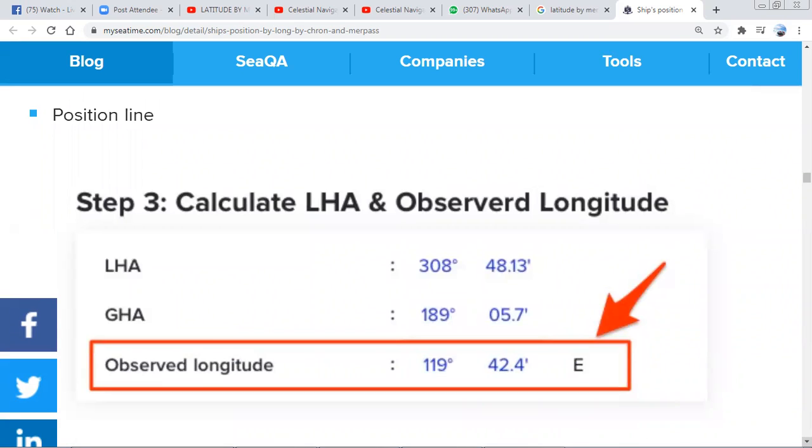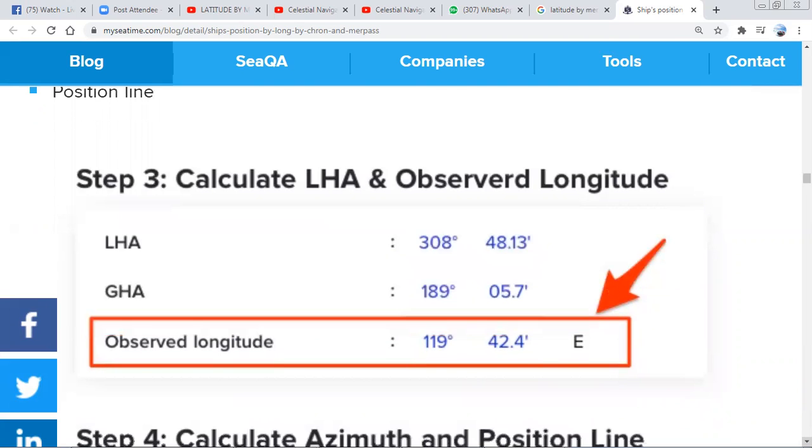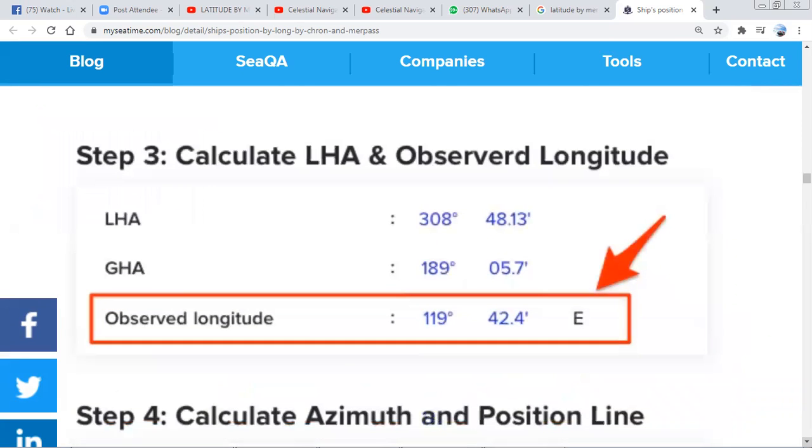Then we have to calculate the LHA and observed longitude. LHA we will get from the almanac of that time. We got LHA 308 degrees 48.1 minutes and GHA 189 degrees 05.7 minutes.